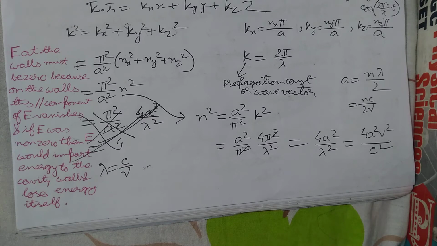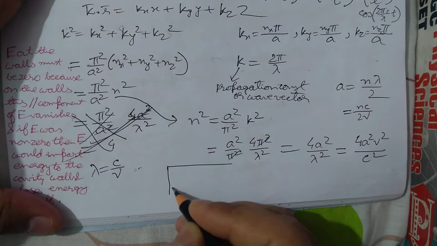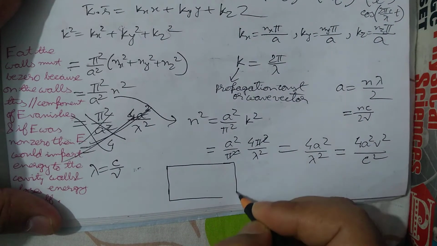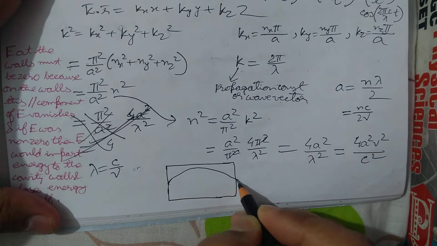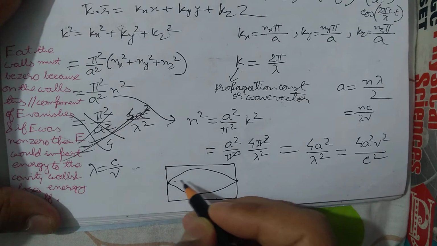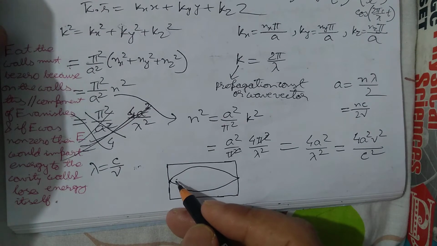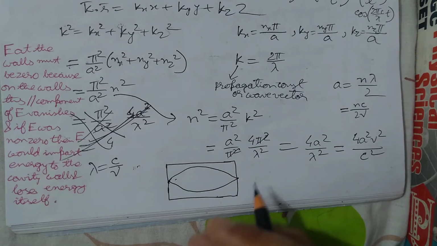If it is not zero at the walls, what will happen? It will lose energy in the walls.